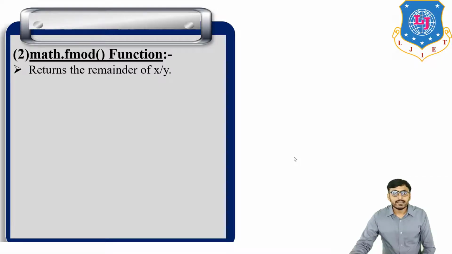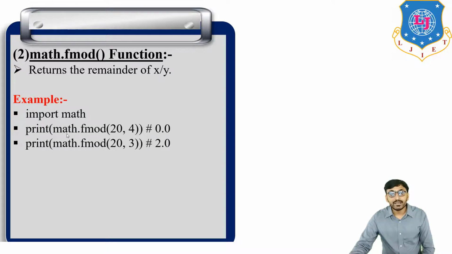Then the second function, fmod. The math.fmod function returns the remainder of x divided by y. For example, import math, then print math.fmod(20, 4).